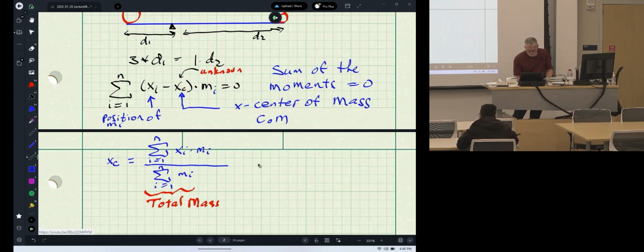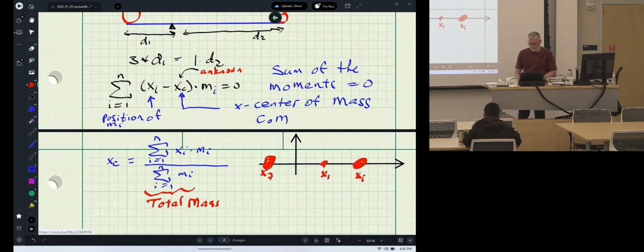And I could be so kind as to draw a picture and label a few things if you wanted. X1, Xi, who knows, maybe this is X7.